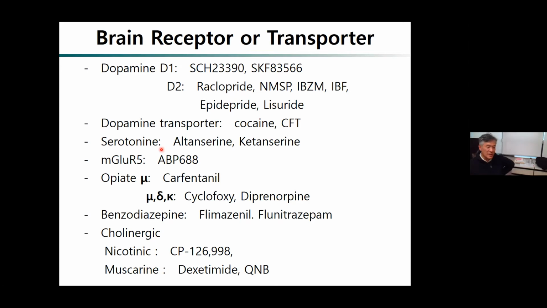For the serotonin system, altanserin and ketanserin are famous ones, and also metabotropic glutamate receptor 5 targeting with C11-labeled AVP 688. For the opioid receptor, carfentanil is a famous compound, and also benzodiazepine or cholinergic systems can be visualized with flumazenil or any other compounds, or dexetimide or QNB.